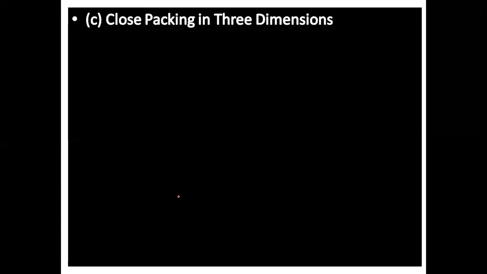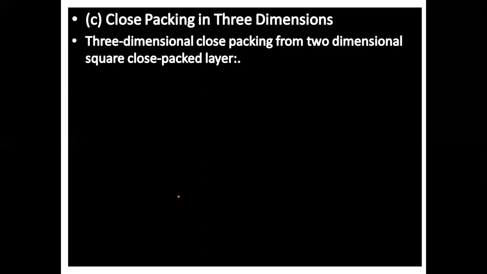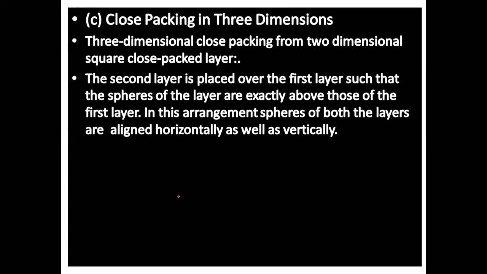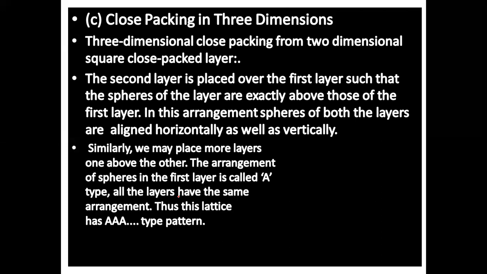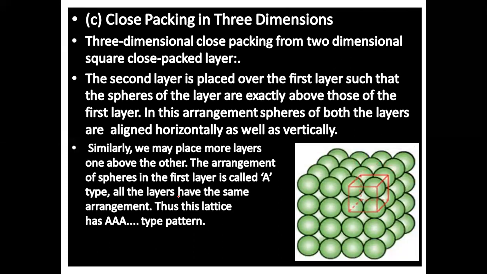Next is close packing in three dimensions. First is three-dimensional close packing from a two-dimensional square close packed layer. The second layer is placed over the first layer, that is the square close packed layer, such that the spheres of the layers are exactly above those of the base layer.